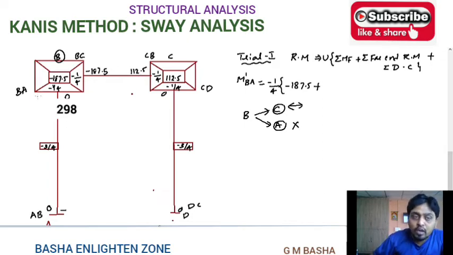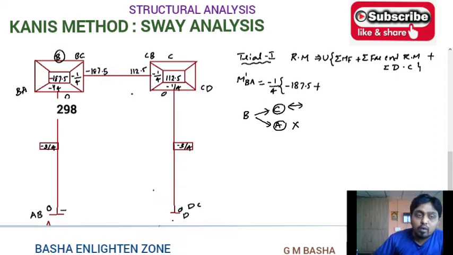If you are talking about BC, only observe CB, not CD. Why? Because CD is connecting member to the next member, DC and CD. But for B, the connecting members will be both BC and BA. Therefore we are looking at both AB and CB, not CD.